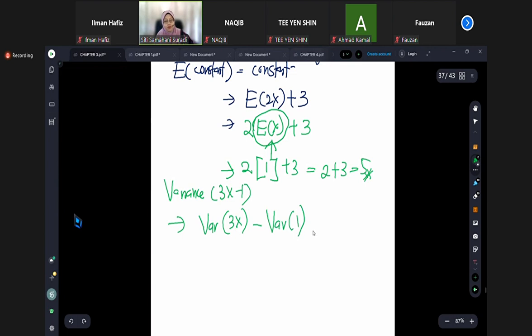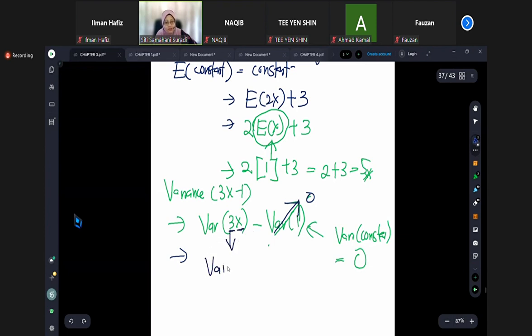You know that if the variance of a constant, the answer is 0. So this tends to become 0. Then the variance of 3x, 3 is a constant and this one is x. So what did I say?